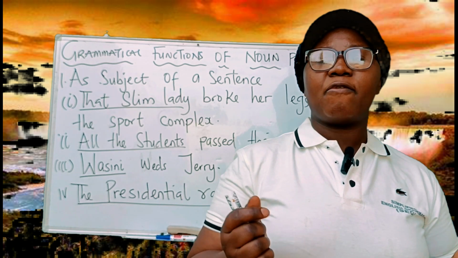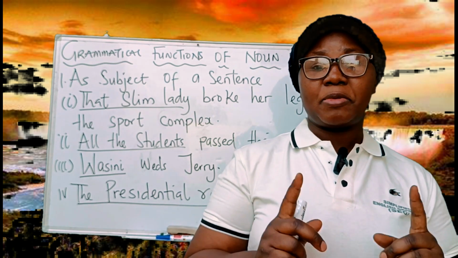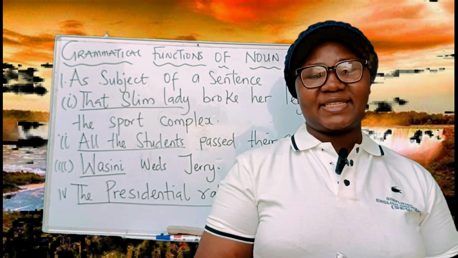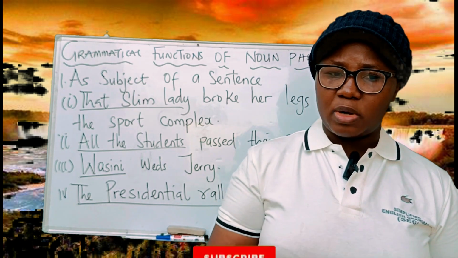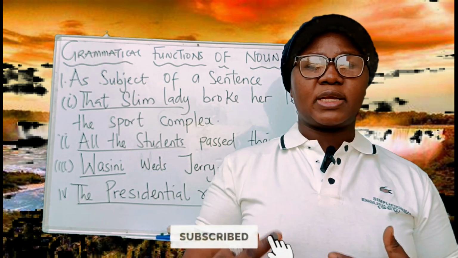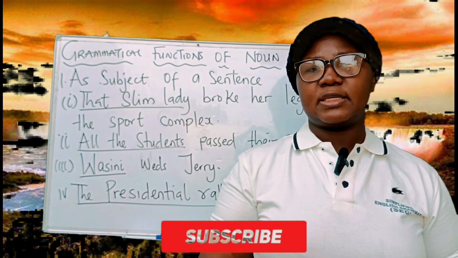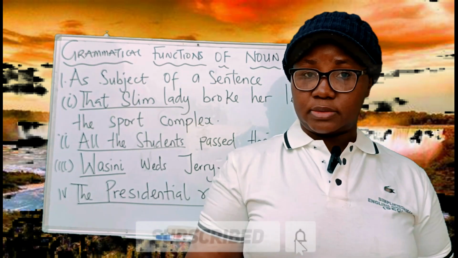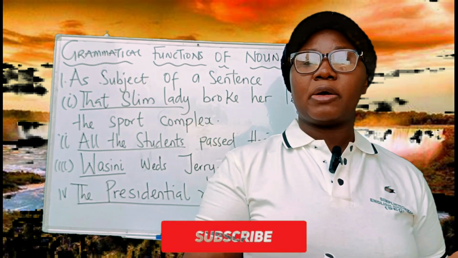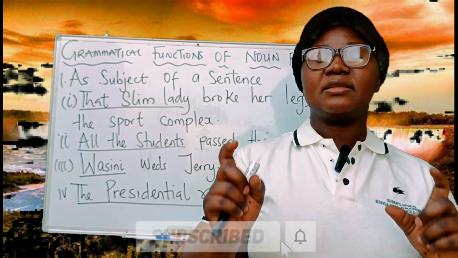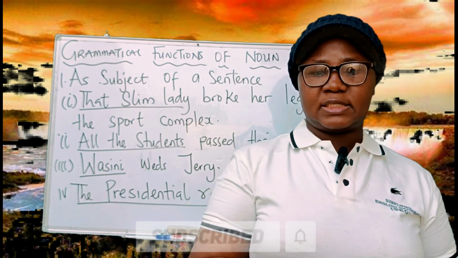Noun phrases perform the following function. Number one, subject of the sentence. A subject refers to what performs the action or what we are talking about in a sentence. That is referred to as the subject of that sentence.